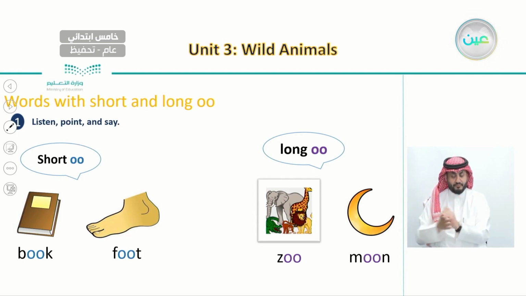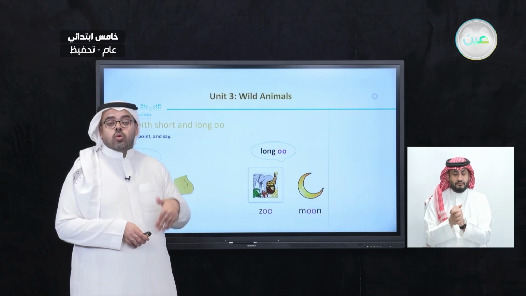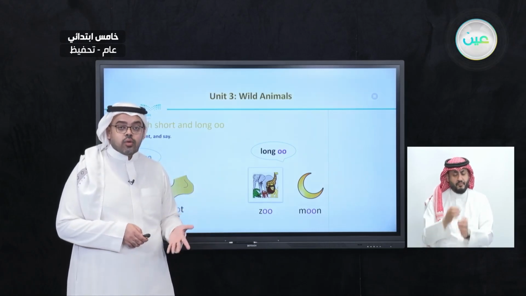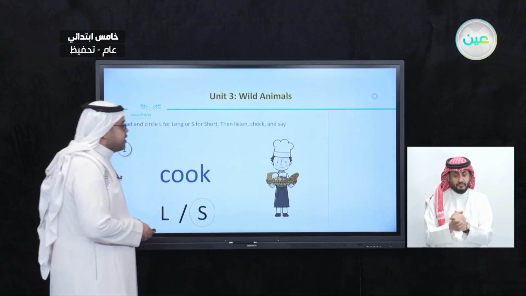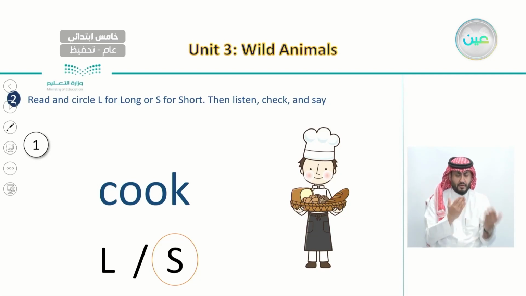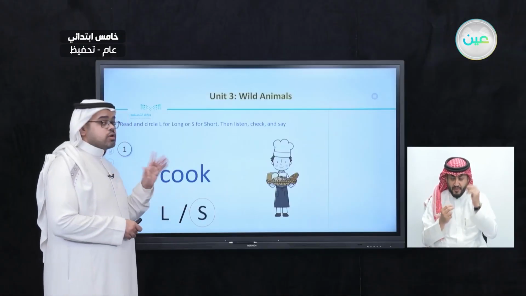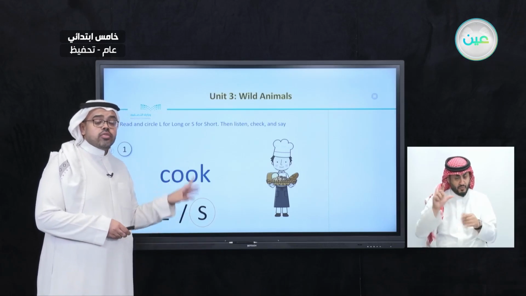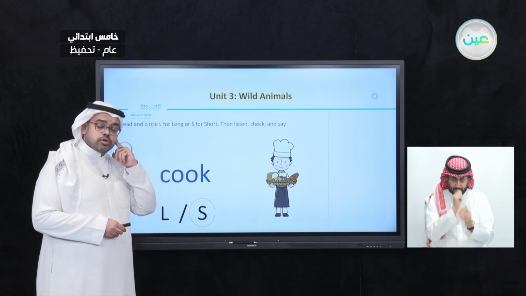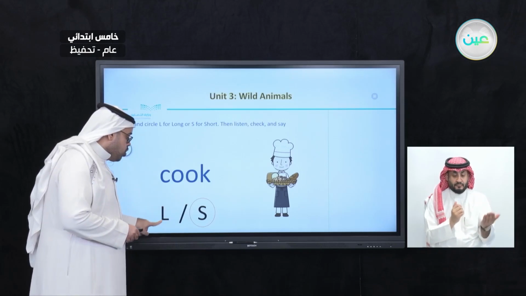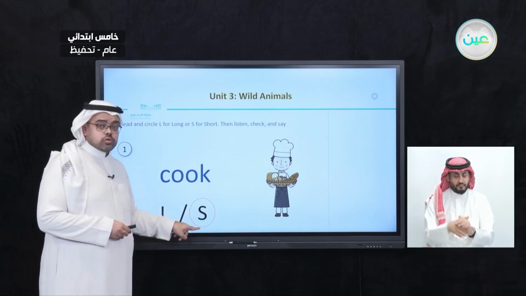Very good. Now let's get to know more of these sounds. In this exercise, we're going to read and also we're going to listen. And after we listen to these words that have two O's, we're going to decide whether the sound we heard matches the long form or the short form.